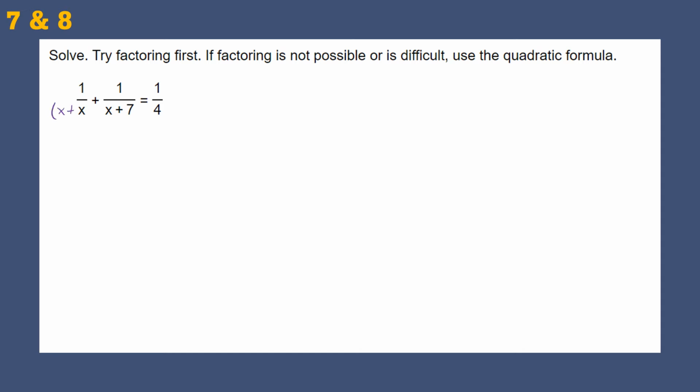The first one, we're going to have to multiply by the x plus 7 and by the 4 so that they all have the same denominator. Once we do that, it'll cancel out some stuff, but it won't cancel out the 4 and the x plus 7.